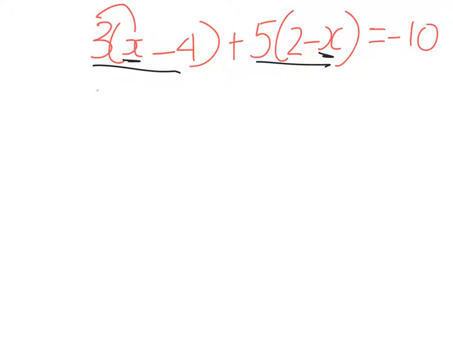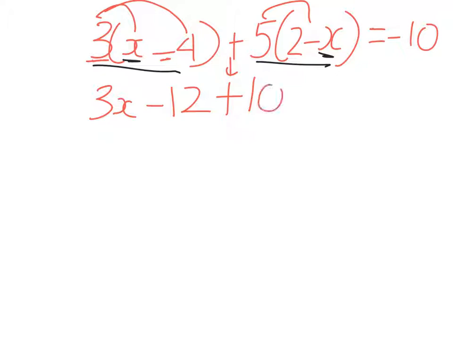So first bracket, 3 times x, 3 times 4, positive times a negative gives a negative. So then there's still a plus sign, I carry that down. So 5 times 2 is 10. 5 times x is 5x. Positive times a negative gives a negative. And that equals negative 10.